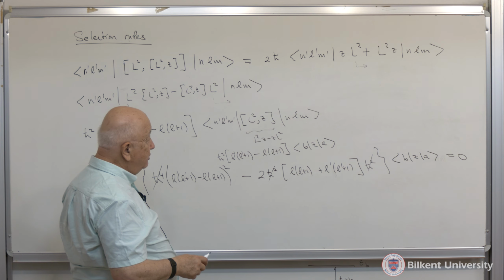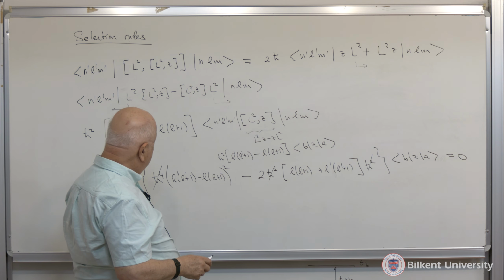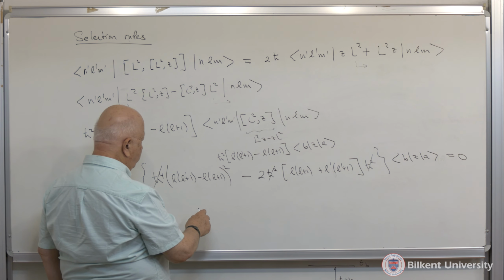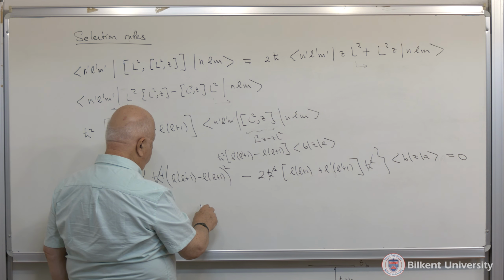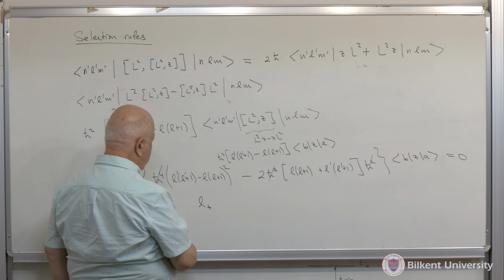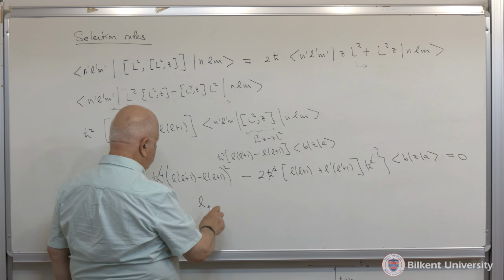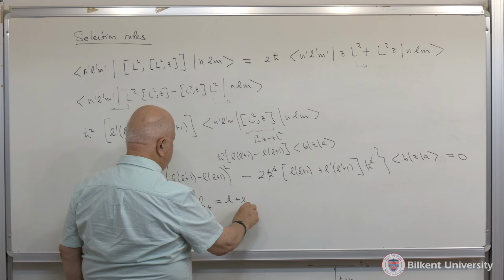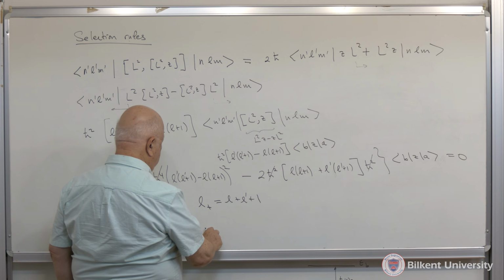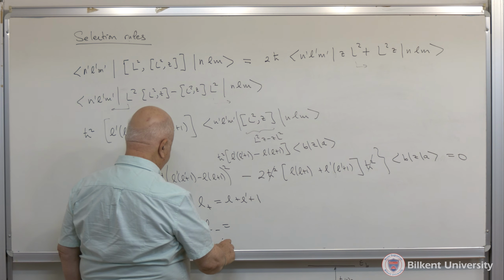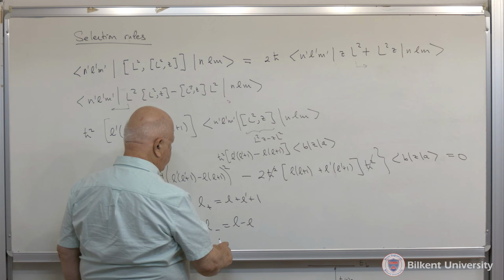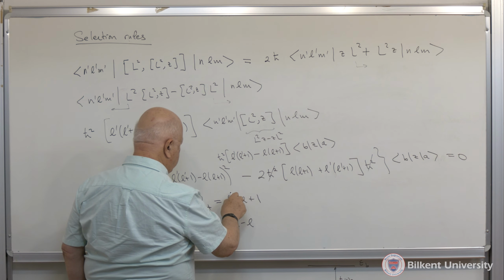But things do simplify quite a bit if you go to a different set of variables. So if you just say, for example, L plus is equal to l plus l prime plus 1, and L minus is equal to l minus l prime, or is it the other way around? Well, it doesn't really matter.